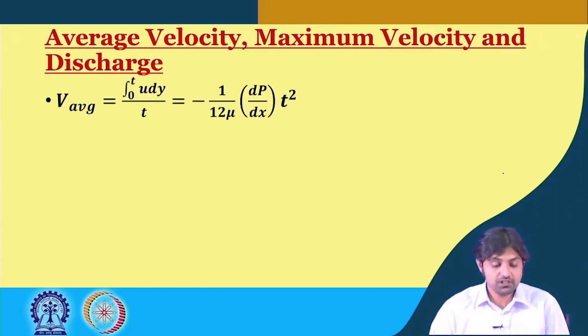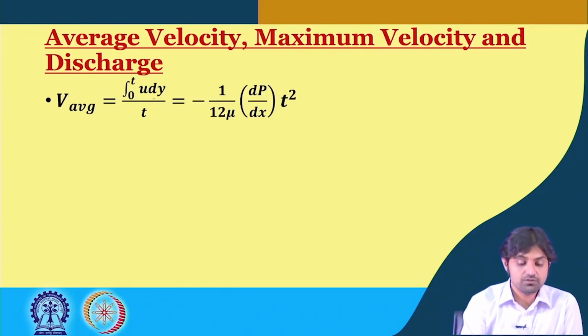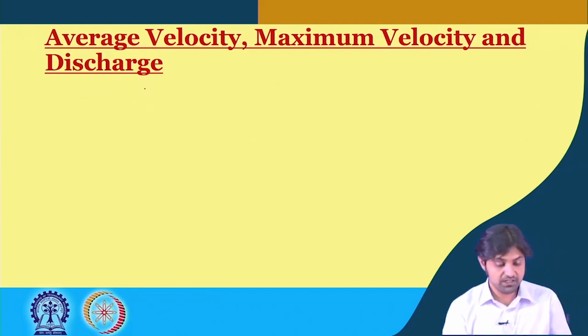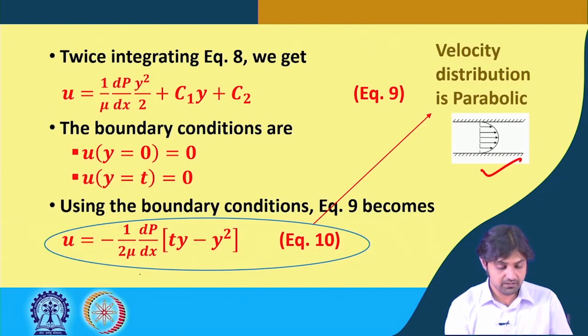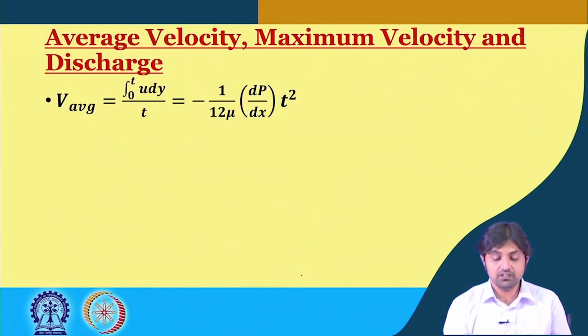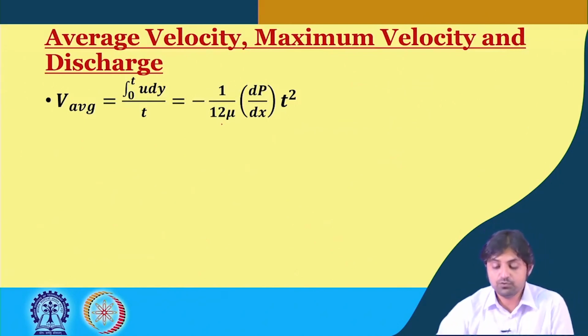The average velocity is again given by the integral from 0 to t of u dy, divided by t, and if you put u as obtained in the last slide here, what we are going to obtain is minus 1 by 12 mu dP/dx t square.